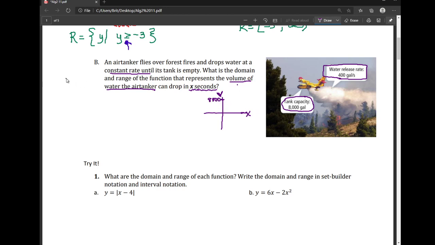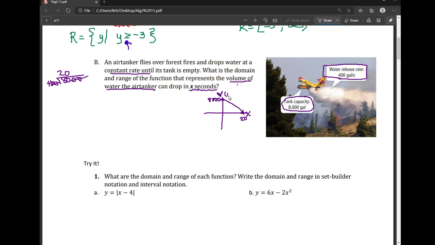So what I would recommend doing here is taking the 8,000 and dividing it by 400 in order to see the number of seconds, and that's going to be 20 seconds. So right here, when x is 20, our v value is 0. So here is our line.